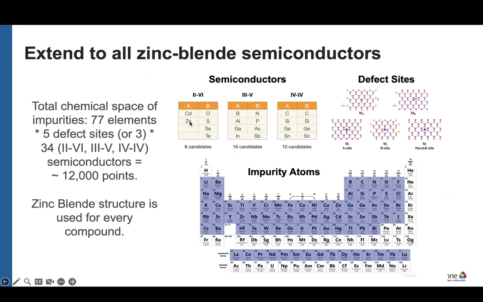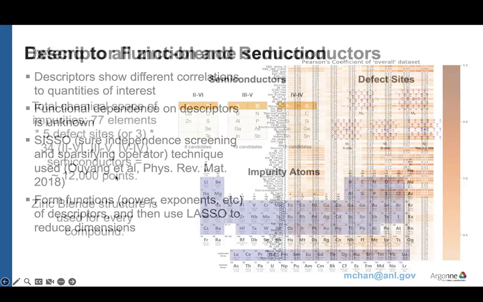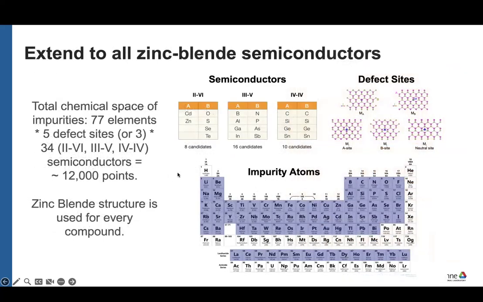Even if you just look at pure cation, pure anion, so no mixings, and if you consider the dopant or the impurity atom being everything in the periodic table other than the actinides, you would have something like 12,000 possibilities. So that's a much bigger space, chemically very diverse.